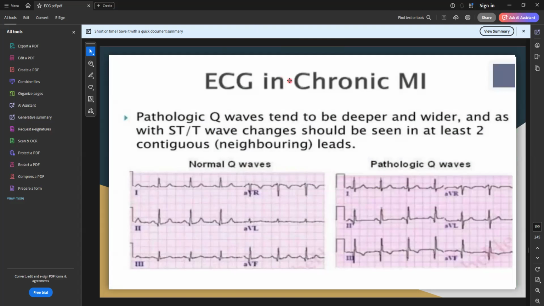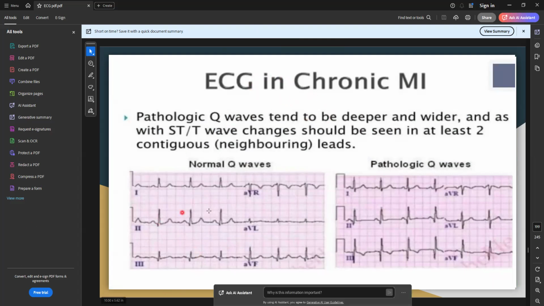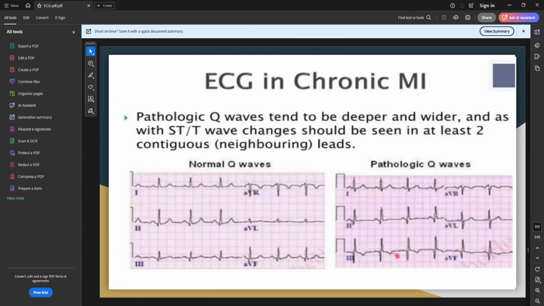Coming to the ECG in chronic MI or in long-standing MI patients, how does the ECG look? This is the normal ECG, and this is the ECG of the chronic or long-standing MI patient.